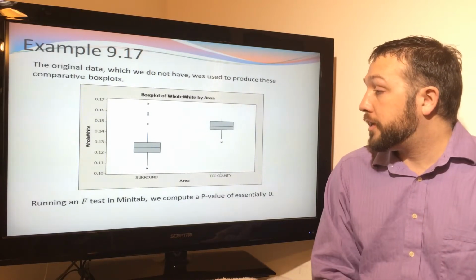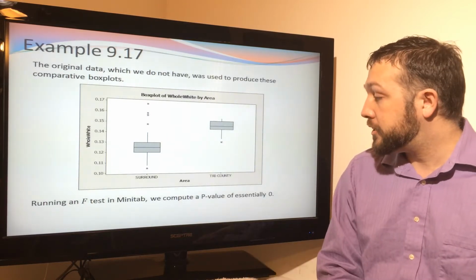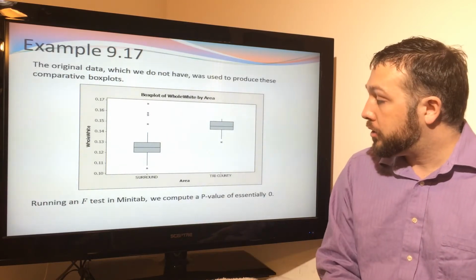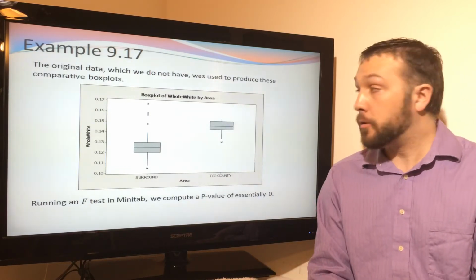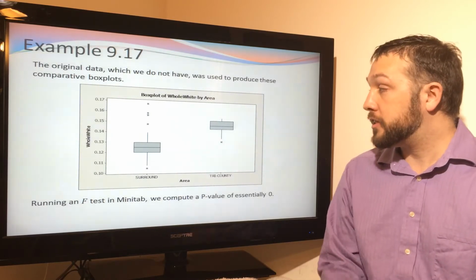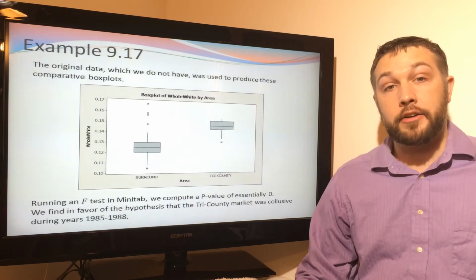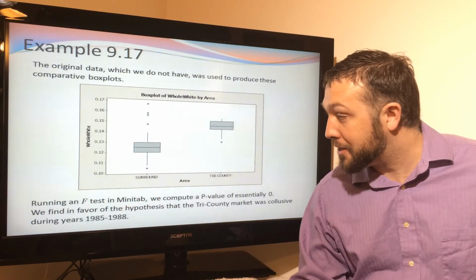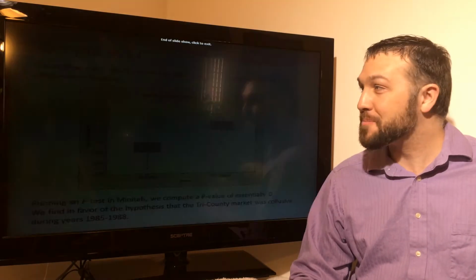But if we were to compute an F-test in Minitab, just based on the sample data, go to the same menu we just had open a moment ago, and plug in the corresponding values, you get a p-value of 0, which visually we see it, the p-value confirms it. There's definitely something going on here. There were collusive markets for the Tri-County area back in the 80s when the data was taken. So hopefully it's been fixed.